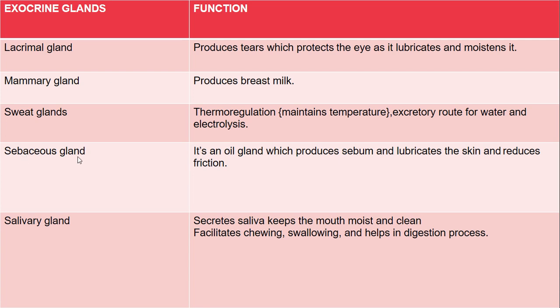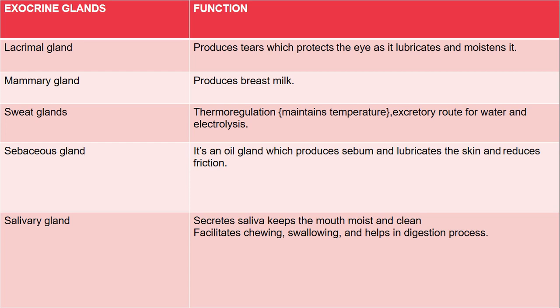The sebaceous gland, it's an oil gland which produces sebum and lubricates the skin and reduces friction. The oil which is produced is called sebum. It lubricates the skin. As you see, in old age people, the skin is wrinkled and very dry, because as age progresses, the sebaceous gland's oil secretion will be very less.